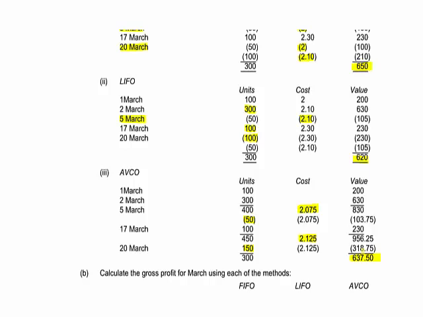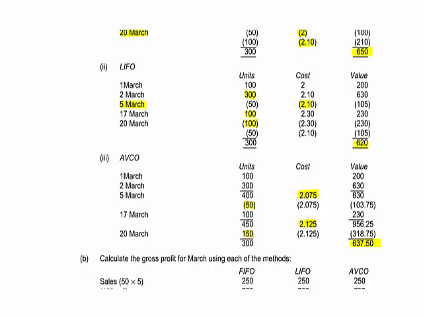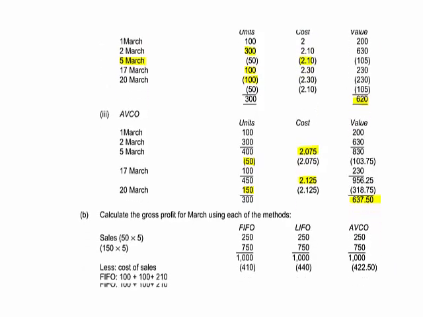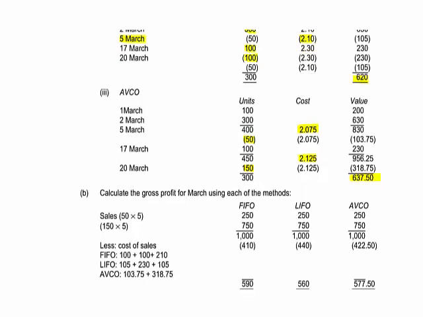So we end up with different inventory valuations, and what that means then is we're also going to end up with different profits. Because profit, remember, is going to be our sales, which is constant, $5 per unit, so across all three methods, $1,000, less the cost of sales.